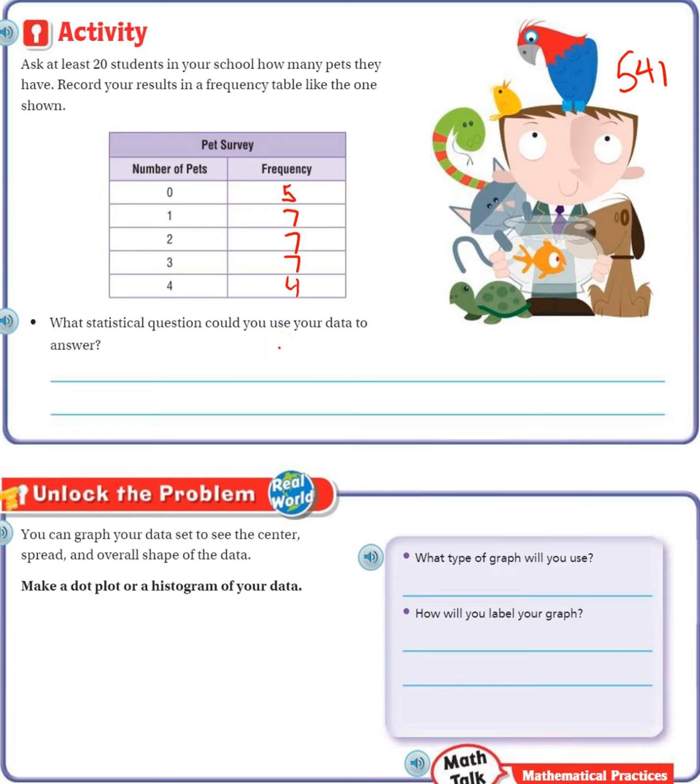And then what statistical question could you use your data to answer? You just need to come up with a statistical question. For example, what is the mean number of pets for people surveyed? What is the mode for the number of pets? What number of pets came up the most? Now that wouldn't be a great question for my fake data here because there would be 3 modes.